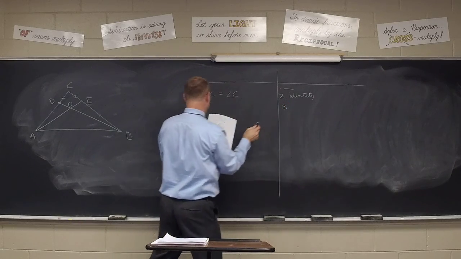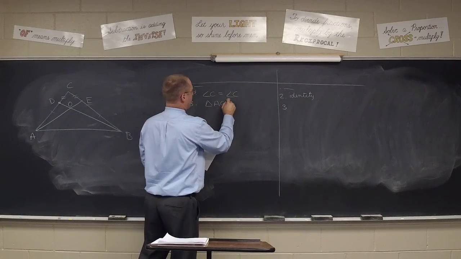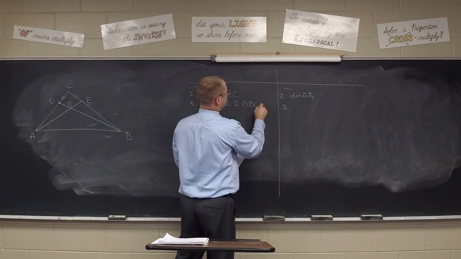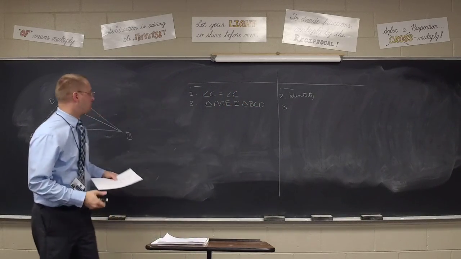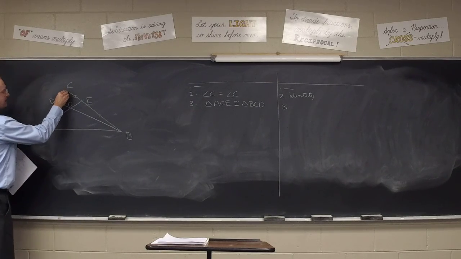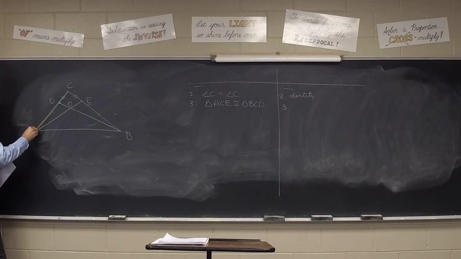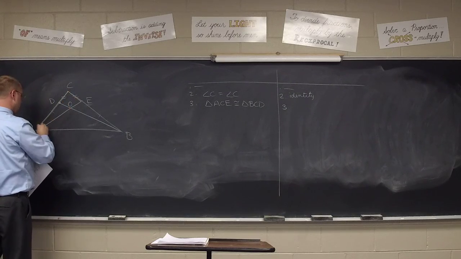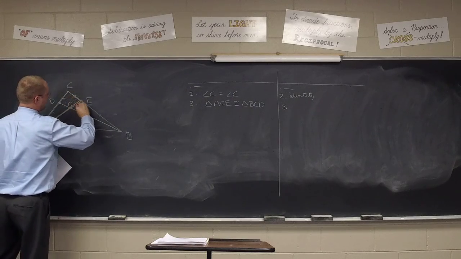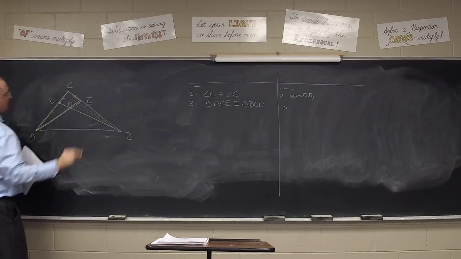But when you look at number 3, the goal was to get triangle ACE congruent to triangle BCD. ACE, that's this triangle, was equal to BCD, that triangle.